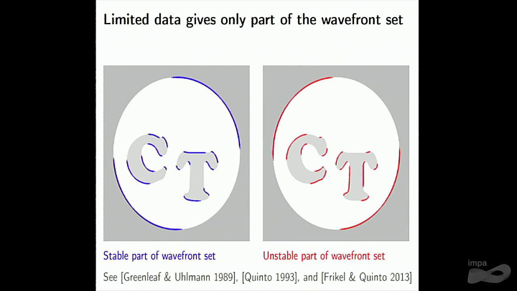So there is a precise geometric understanding of what we can see from limited angle data, and it's written in terms of the so-called wavefront set. Here we have our CT phantom, which is piecewise constant, jumping along the boundary and also along these letter forms.